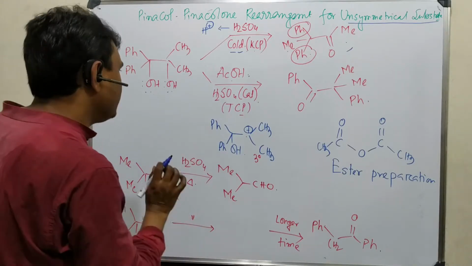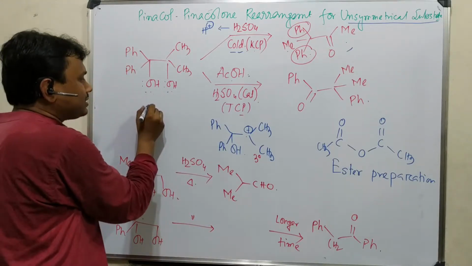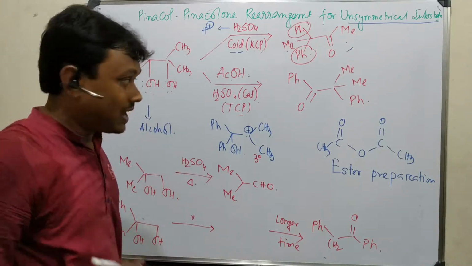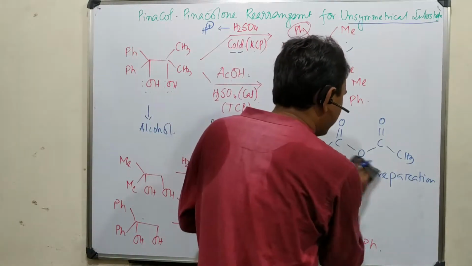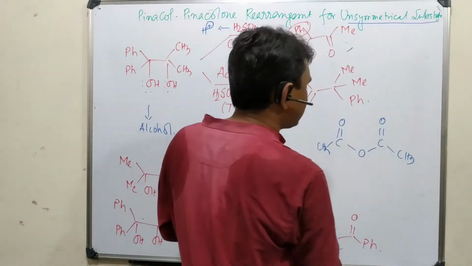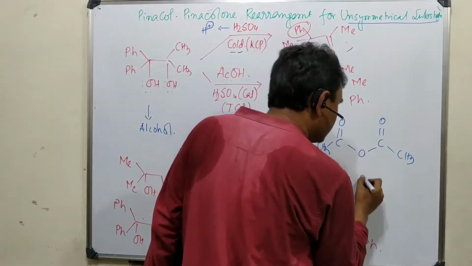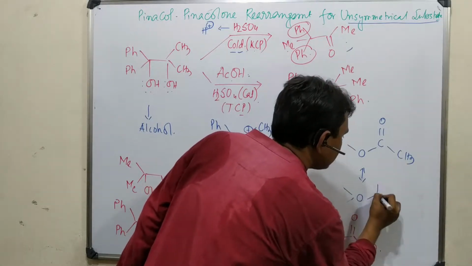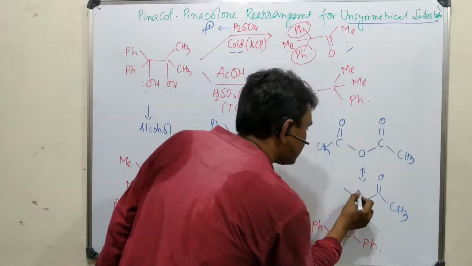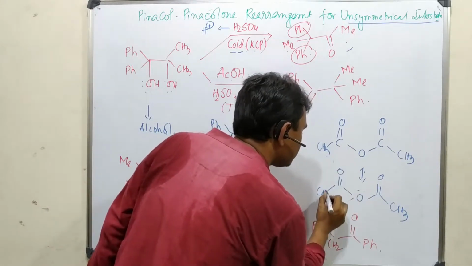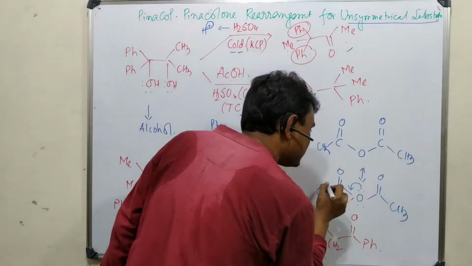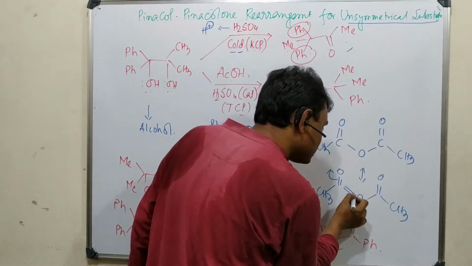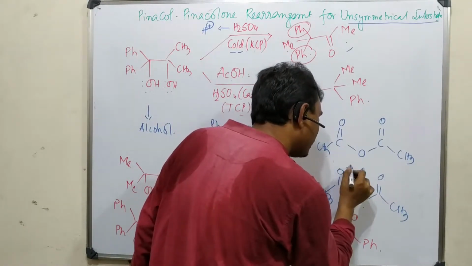Second point, this is nothing but an alcohol, with its own basicity, and this is an anhydride. The anhydride has resonance: this oxygen can push its electron onto this carbonyl, ultimately producing a double bond here and O minus there.